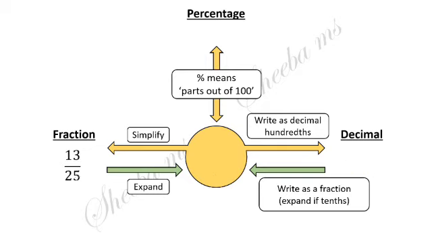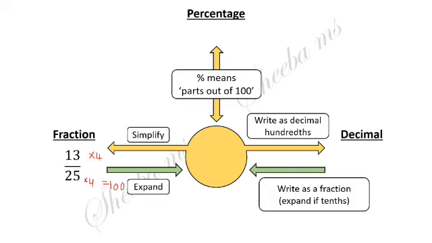Now 13 by 25. Here we have 13 by 25 as a fraction. So we can expand it to make it 100. So to change into 100, we know 25 4 times is 100. So 13 4 times.